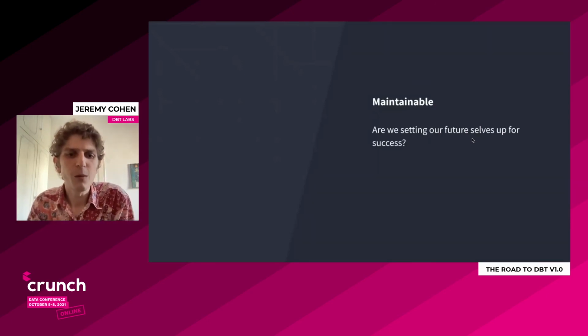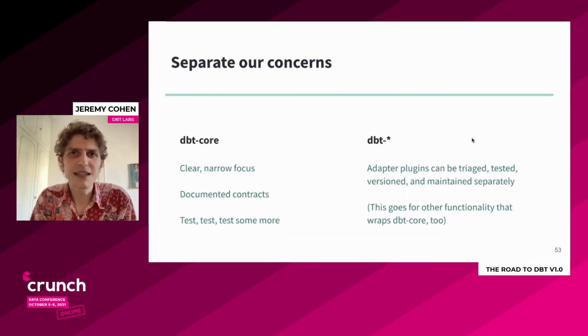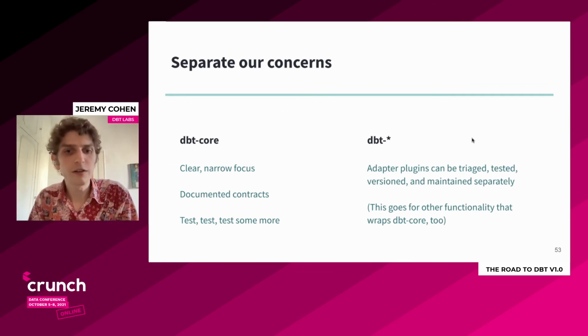Last but not least, dbt Core 1.0 needs to be maintainable by us. And one of the last things that we're doing before we cut the very first beta of 1.0.0 is we're actually splitting up our concerns. We're separating out all dbt plugin code, or just about all of it. So dbt-redshift, dbt-snowflake, dbt-bigquery, the dbt RPC server.